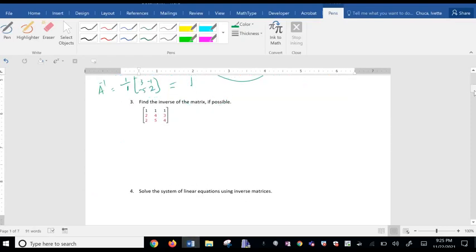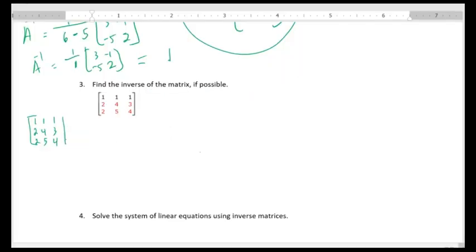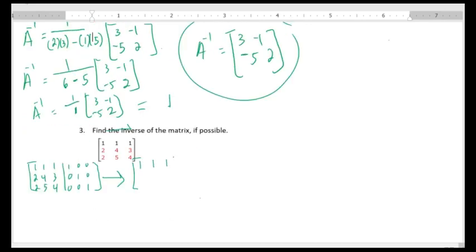Okay, so for number 3, we can use the calculator as well, or we can also use, I'm going to go ahead and use the first method. So I'm going to attach this identity matrix to it. And we want the first row to be a 1 in the first position.